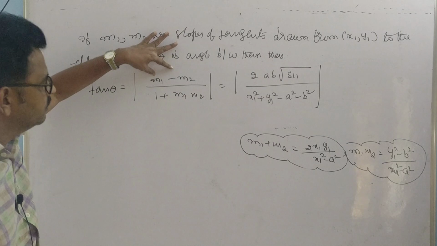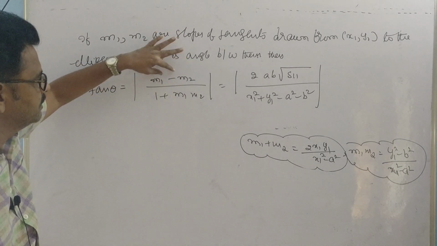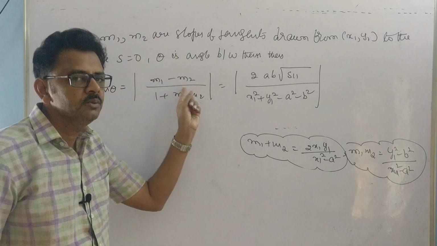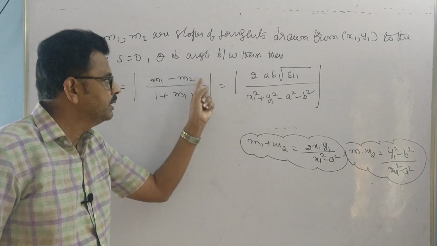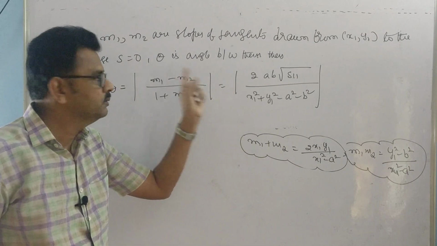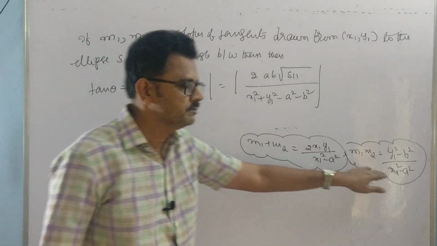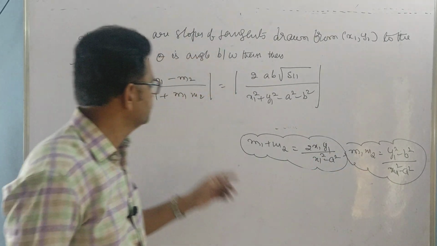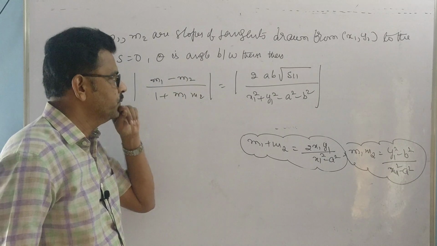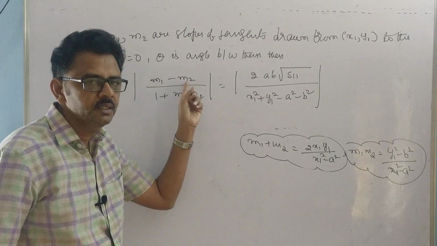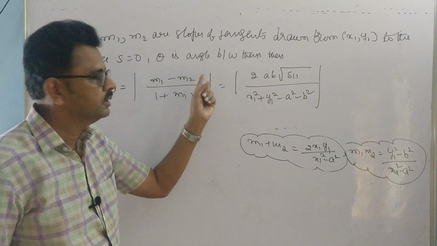So m1 minus m2 can be written as the square root of m1 plus m2 whole square minus 4 m1 m2.